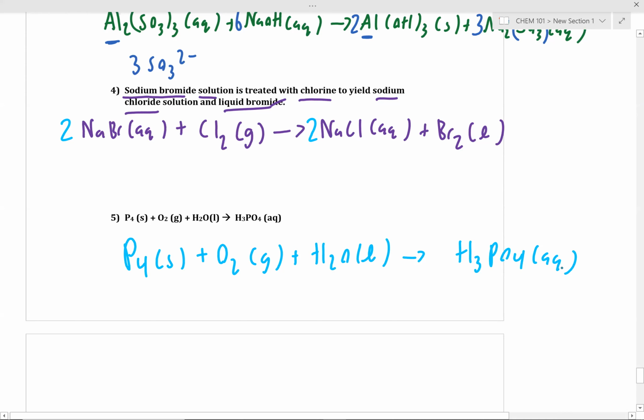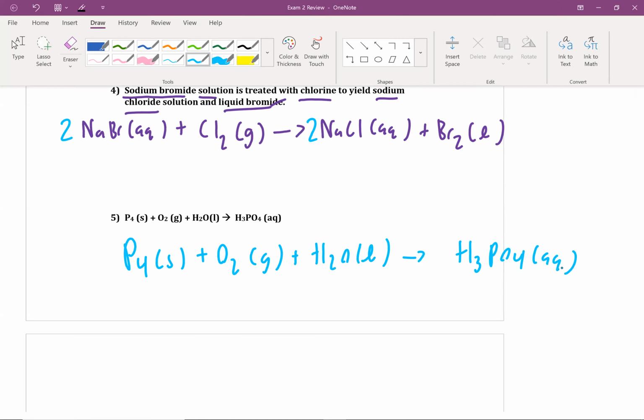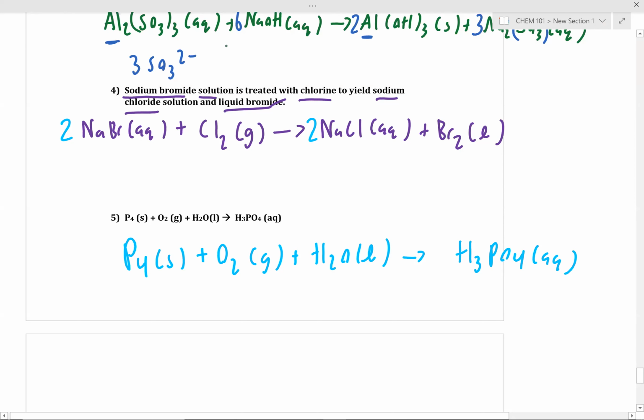So then, on the right-hand side, we have how many phosphorus atoms? Oh, actually, let's start from the left. From the left, we have how many phosphoruses? 4. So how many phosphoric acids do we need? 4. That in turn gives us 4 phosphoruses, 12 hydrogens, and 16 oxygens. Okay, let's balance hydrogen first.